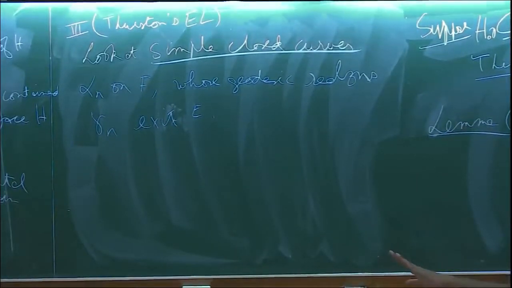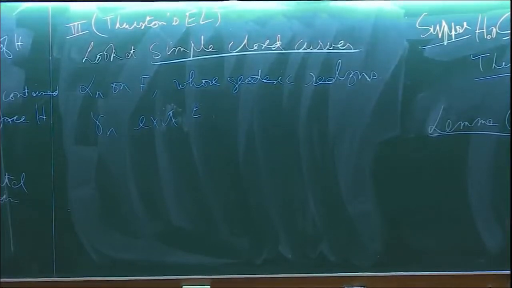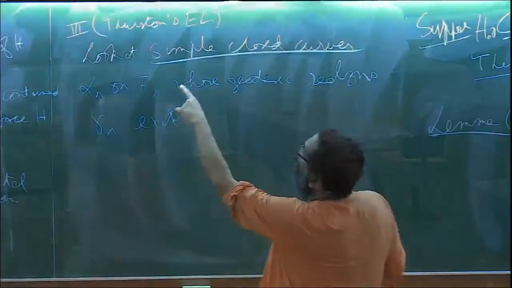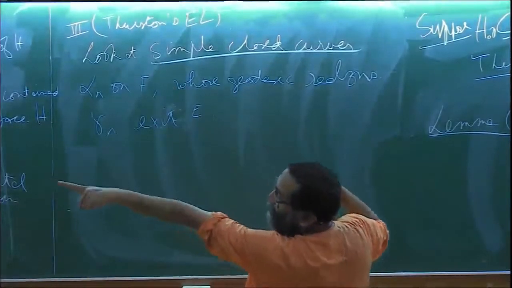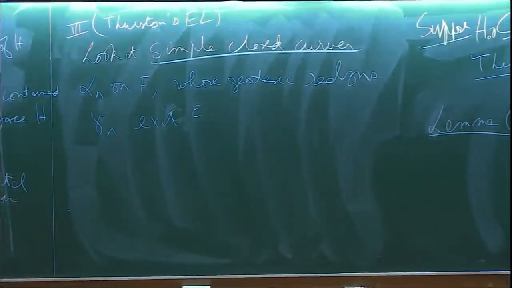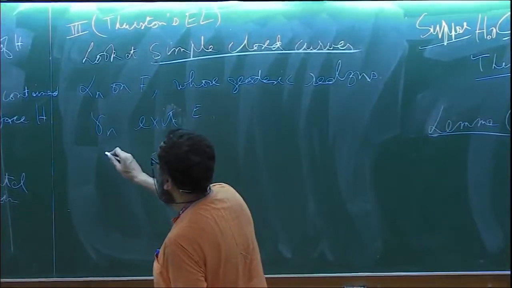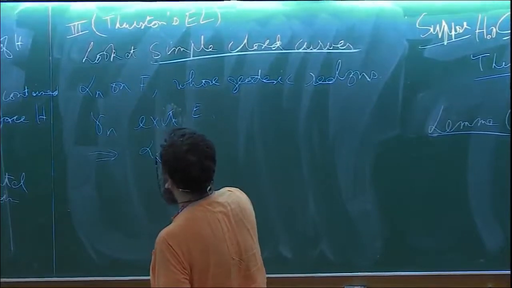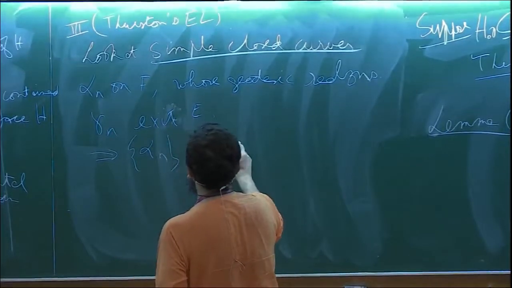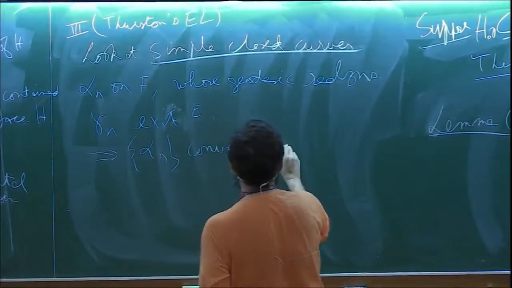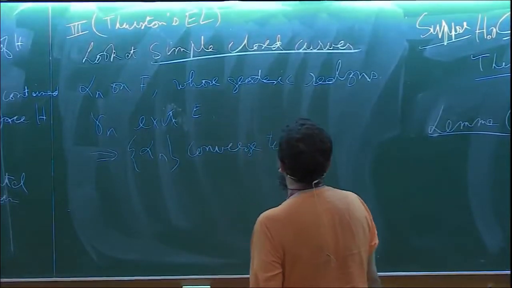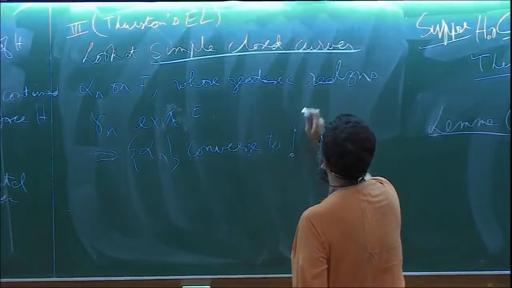Instead of looking at arbitrary closed geodesics on the surface whose geodesic realizations are far away and then just taking Hausdorff limits, you're now looking at simple closed curves. The point of that diagram was that the curve alpha n need not be closed, need not be simple. It could be self-intersecting. So look at simple closed curves, gamma n exit E, and this implies that alpha n converge to a unique geodesic lamination.